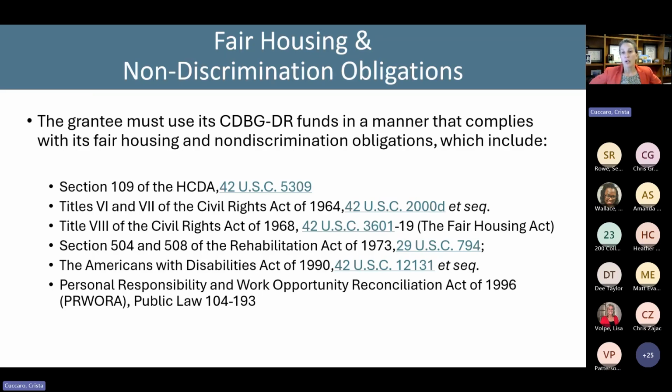And so, yes, the grantee is responsible for compliance with these, but you all as local governments also have to comply with these various federal laws. I'm just flagging this for you as some additional regulatory context, but we're not going to get into the details of all of this here.